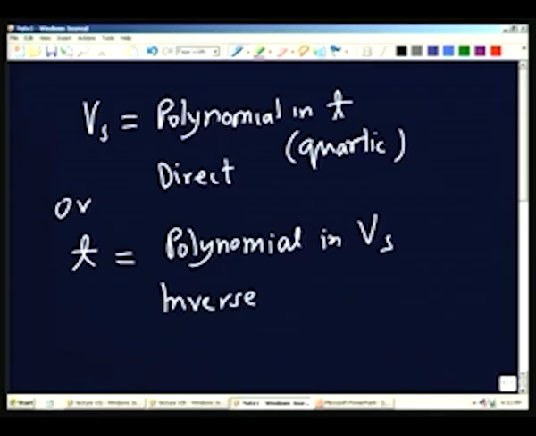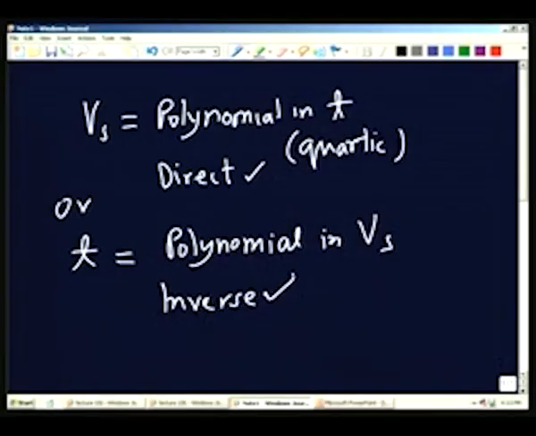It is always better to have these two relations, so that you can either do the direct calculation, that is, find out the Seebeck voltage for a given temperature, or use the second one to find out the temperature corresponding to the voltage which has been measured in the experiment.